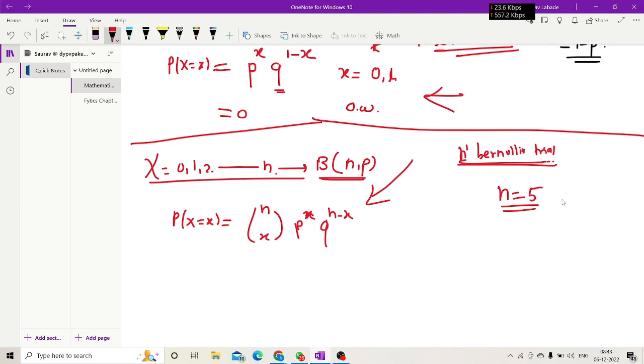So if the number of trials n is greater than 1, then that will be my binomial distribution. Okay, understand the concept.